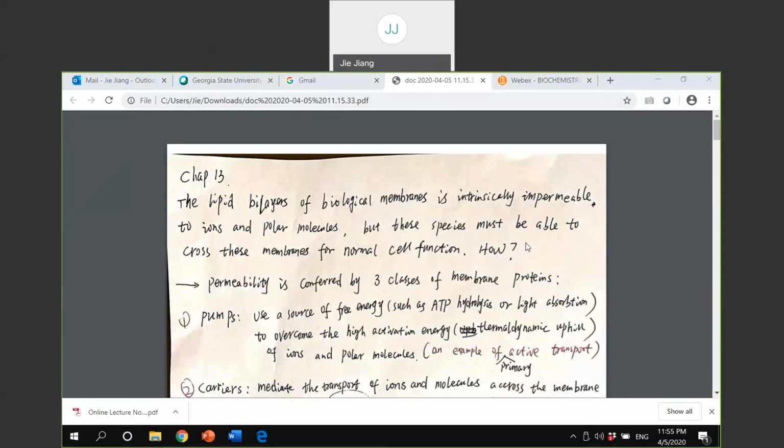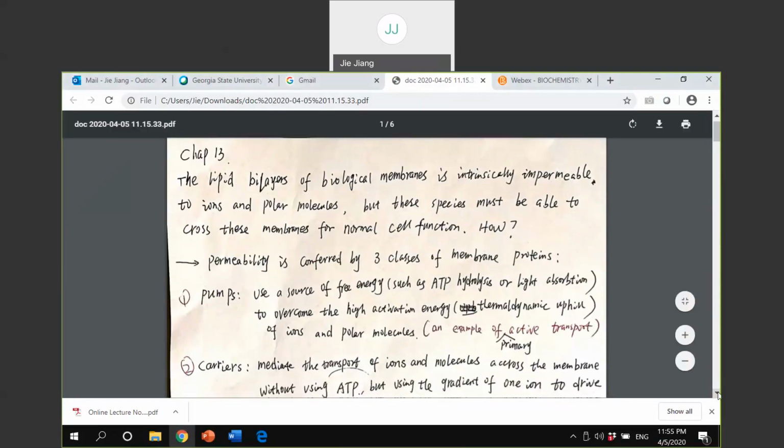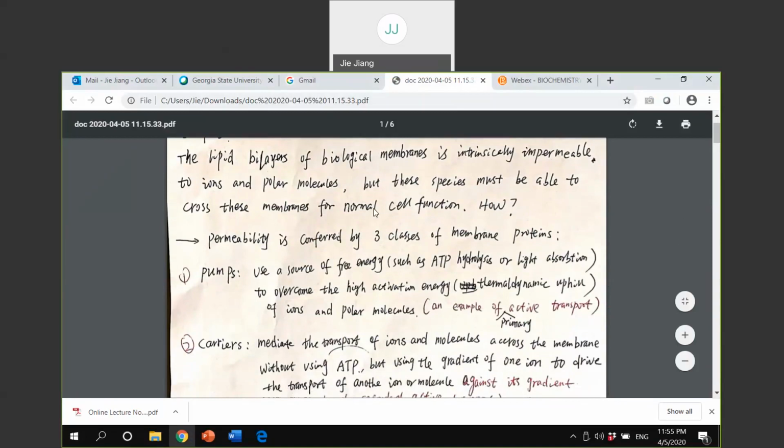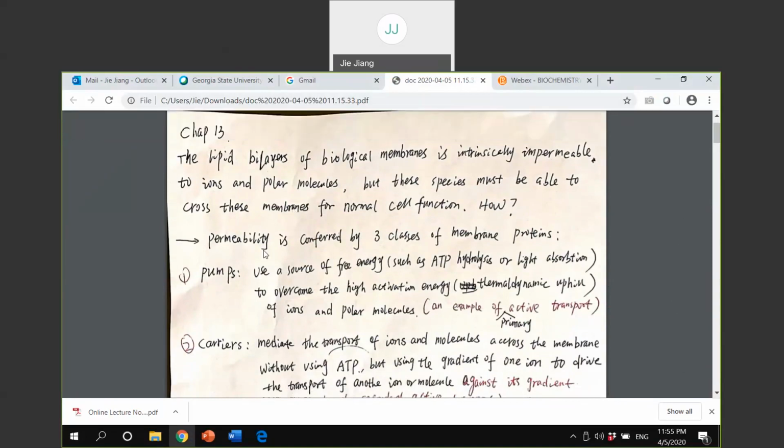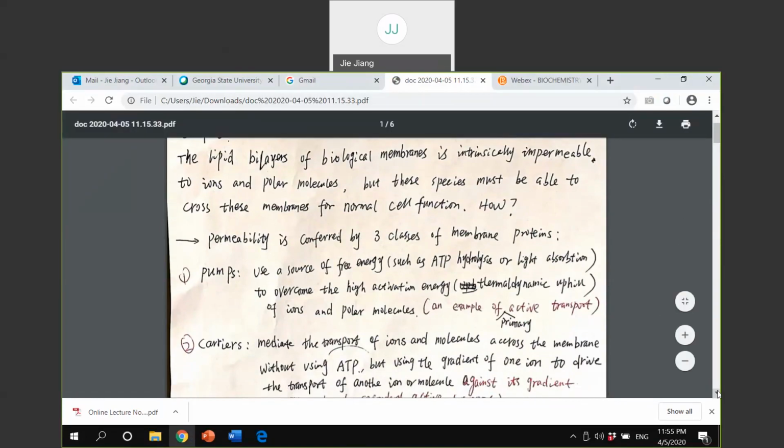However, some of these ions or molecules must be able to cross this membrane for the normal function of the cell. So then what can the cell do? There must be some way the cell can make sure these molecules can cross the membrane. So the permeability is conferred by three classes of membrane proteins. That is what you need to know.